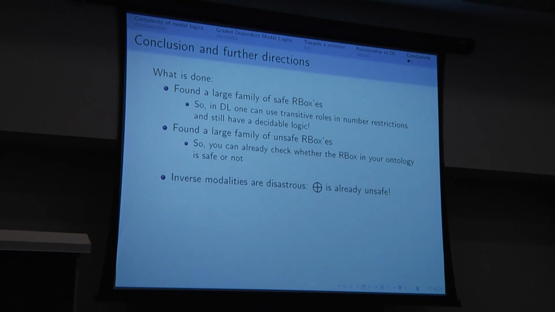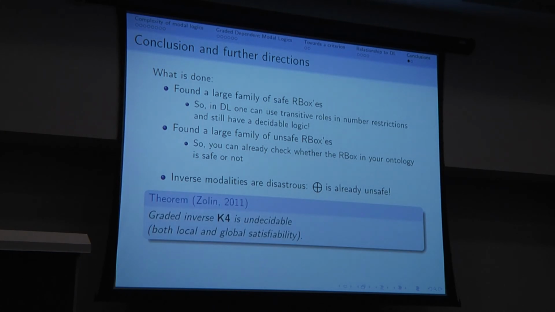I didn't mention in these slides, but if we enrich our language with inverse modalities, then the effect is disastrous. We easily obtain undecidability even for one transitive modality. What does inverse mean? Graded modalities mean there exist at least k successors where phi is true. Inverse modalities mean there exist at least k predecessors where phi is true.